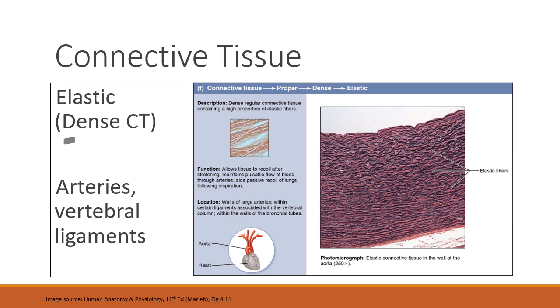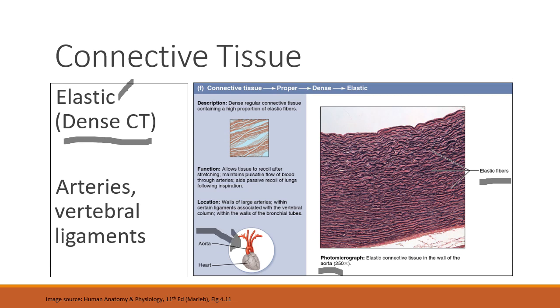And then for dense connective tissue, we have the elastic type, meaning that it's more stretchy, if you will. So lots of elastic fibers in this tissue compared to the other ones we talked about that had collagen fibers. Where would you want this elastic thick tissue? Well, major arteries. In this case, this is the aorta, the major artery that comes out of the heart.